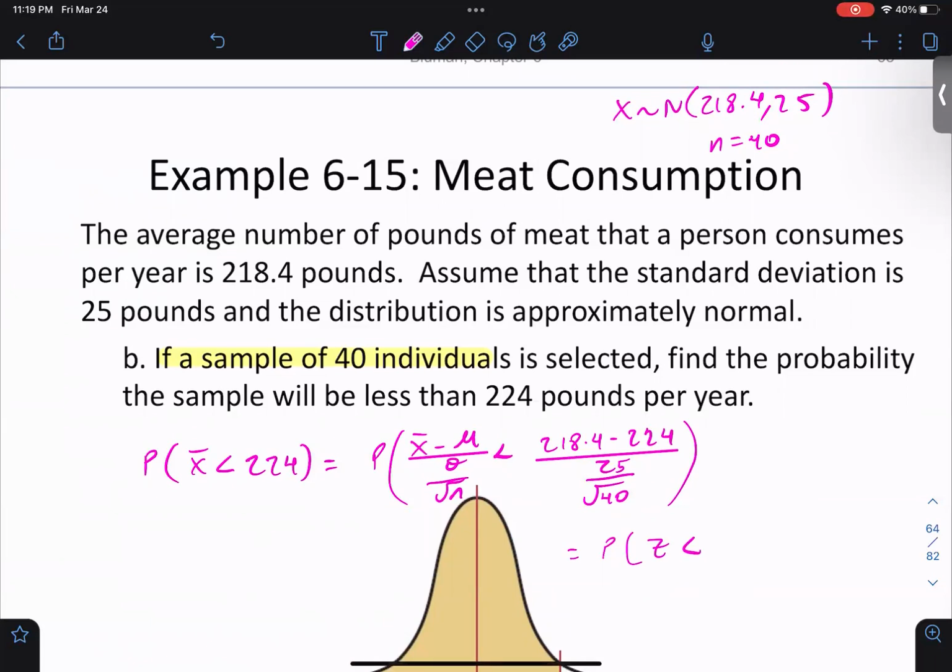This one divided by this one is negative 1.42.